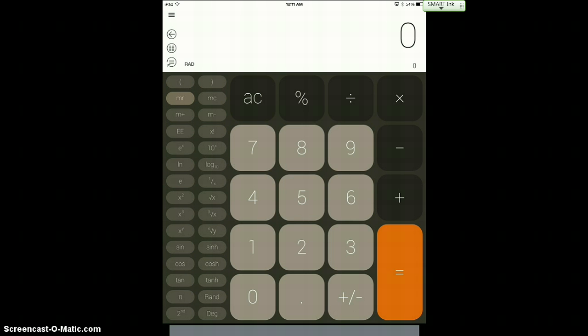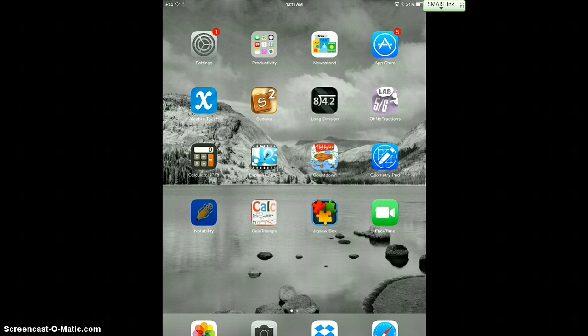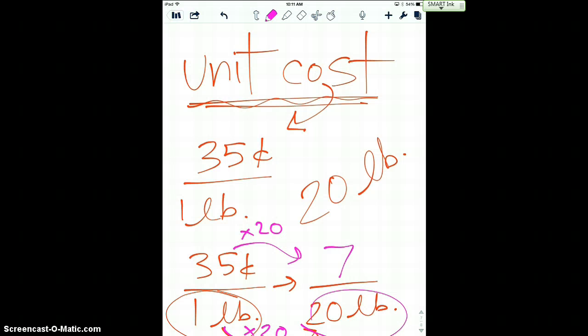I need 35 cents, so 0.35 times 20, and I am at the number 7. So I have 7 here with no decimal, meaning it's dollars. So how much does a 20-pound bag of dog food cost? $7.